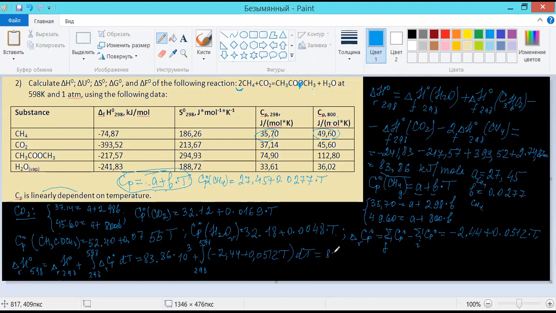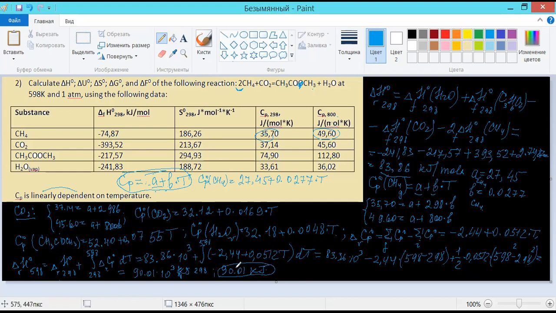So that will be equal to minus, easy integration, 598 squared minus 298 squared, and that will give us the value of 90.01 kilojoules, or just 90.01 kilojoules.